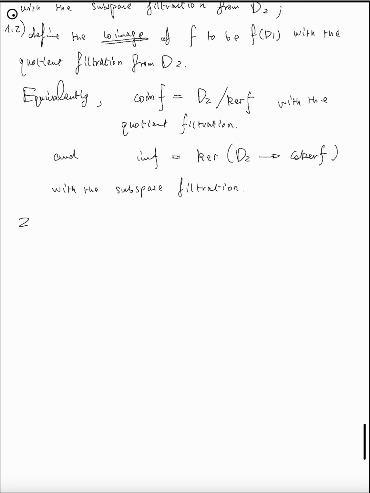There is, remark 2, a canonical map from the coimage of f to the image of f in this category of filtered vector spaces.